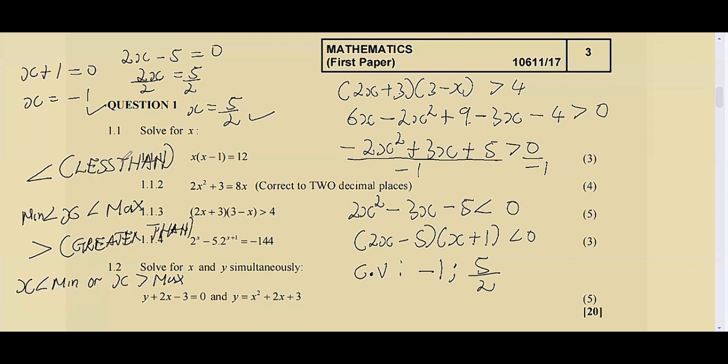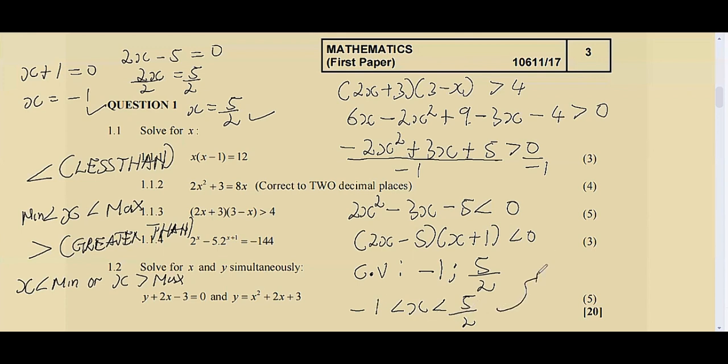But if you have the less than sign, they're all going in the same direction, right? So the solution for here would be x greater than negative 1, but x less than 5 over 2. That's how you read this. You say x greater than negative 1 and x less than 5 over 2.